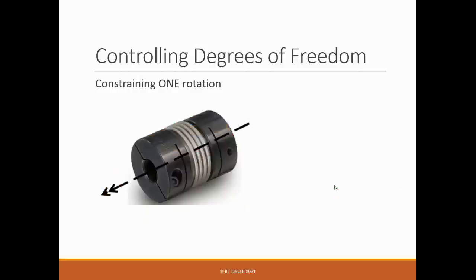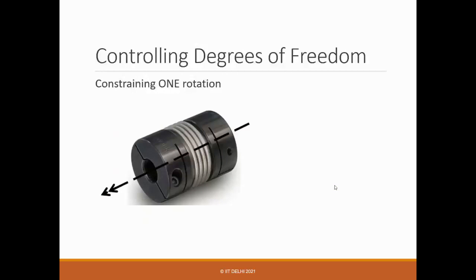They are completely different components, you can say, which can also be used to constrain one rotation. One example I showed, which I designed, was for transferring the motion from a ball screw nut to translation stages.